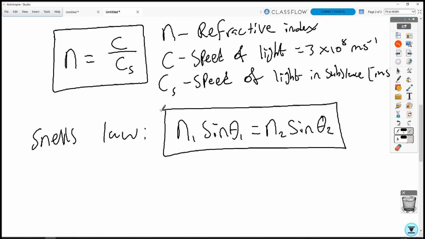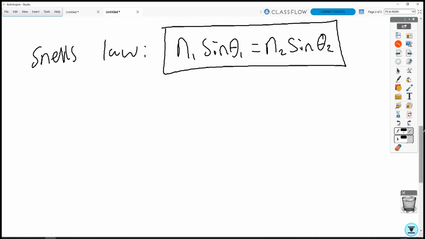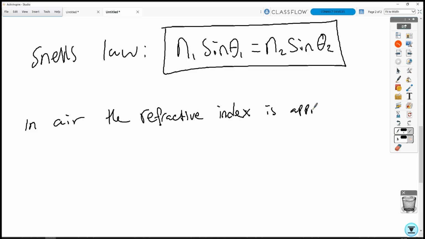You do the refractive index of one multiplied by the sine of the angle of incidence, and that's equal to the refractive index of the other one multiplied by the sine of the angle of refraction. And in air, the refractive index is approximately 1, or approximately the same as a vacuum.